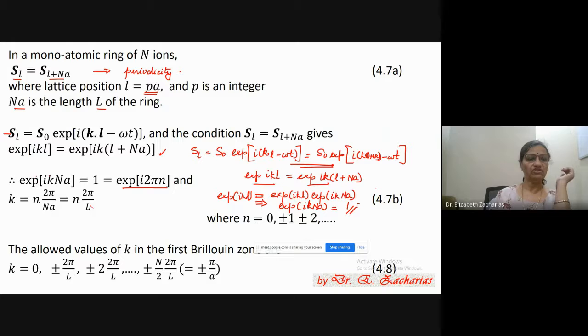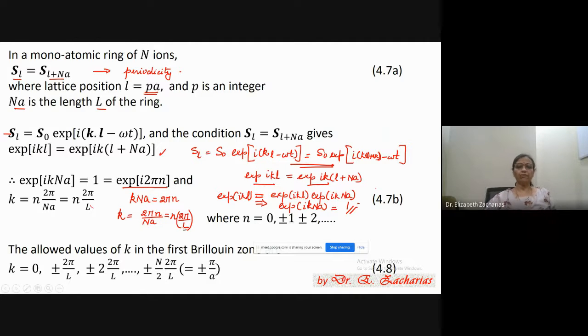Now you can just equate these two and arrive at an equation: k into capital Na equal to 2 pi small n, or I get k equal to 2 pi small n divided by capital Na, which is n into 2 pi divided by capital L.